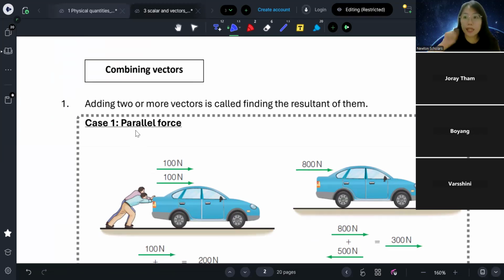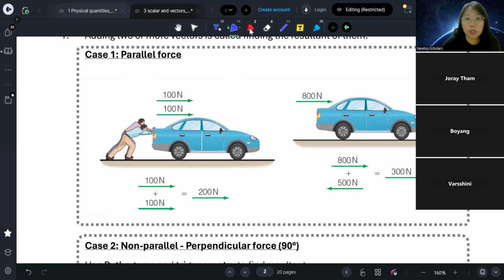Okay, first case, if the forces are parallel in the same direction, you use your red pen and take some note: same direction, we just add them together. If opposite direction, can you see that? Then what should we do?